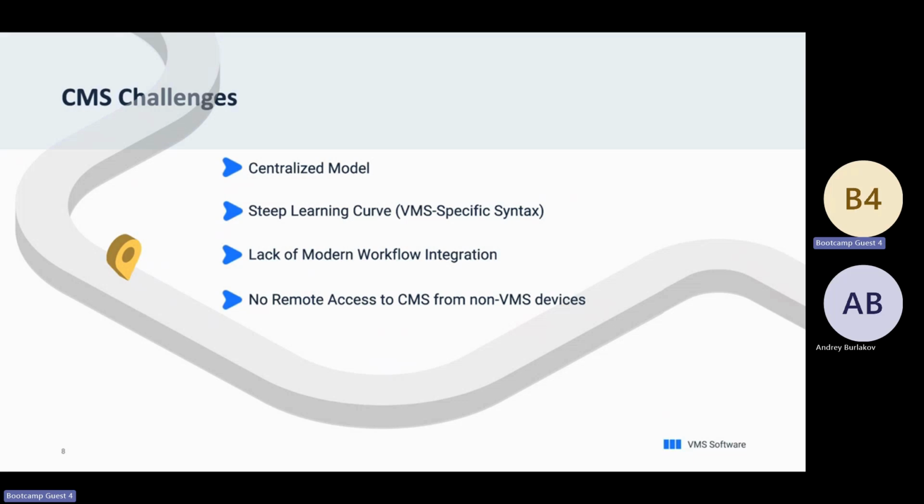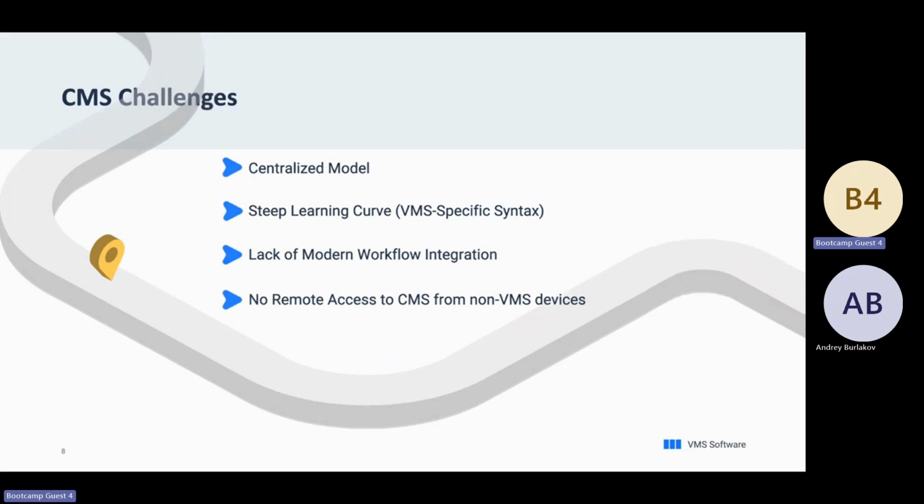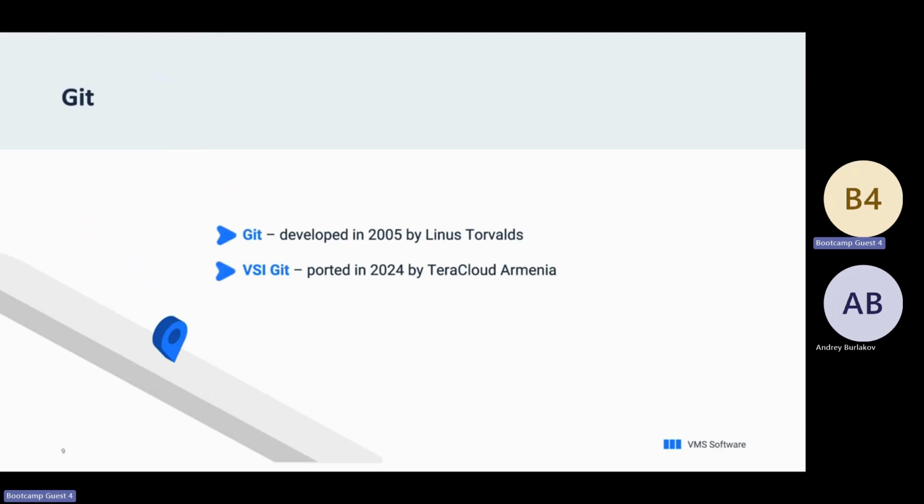And let's move on to a more modern tool, which is called Git. Git was developed in 2005 by Linus Torvalds, and it was developed for Unix, and it was designed to be fast, distributed, and flexible.